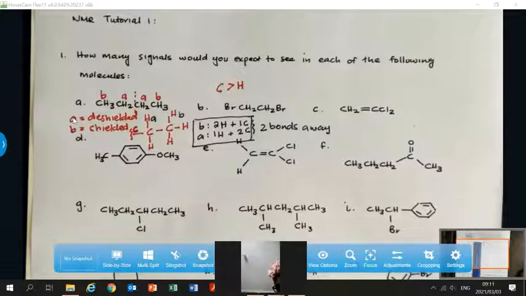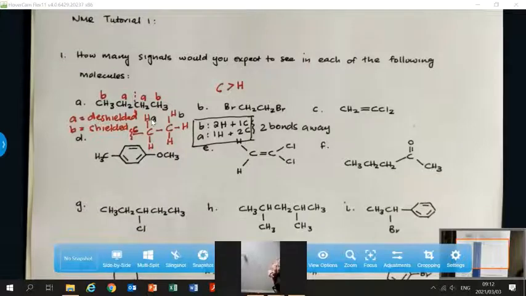And if you looked at the lecture that we did on Monday, you'll see B might be around 0.9 or so, and A might be around 1.1 or so. So not a huge effect, right? So this might be 0.9, this might be 1.1 or 1.2, but nevertheless, 1.2 is more de-shielded than 0.9. And that's the effect of the 2 carbon atoms taking electron density away from the proton. Right, so that's the first example I wanted to do with you.